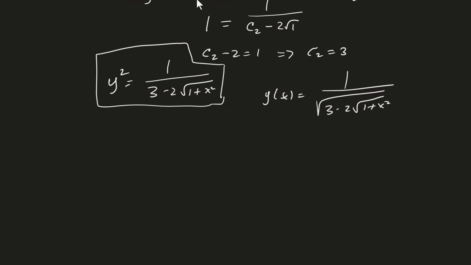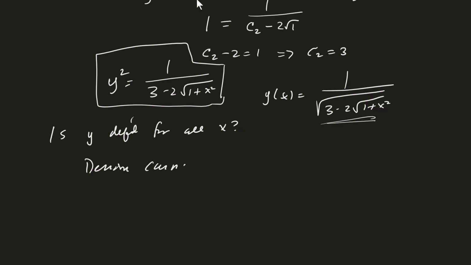Part B of that exercise is: is y defined for all x? Well, you can see we're going to run into trouble, right? Because the denominator cannot be 0.